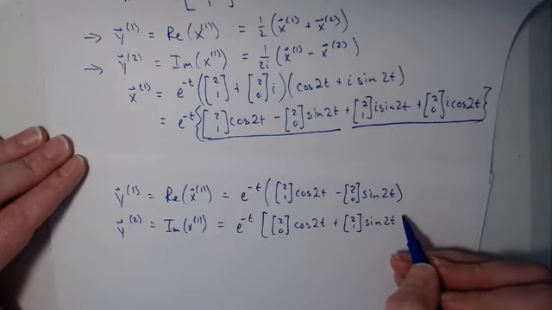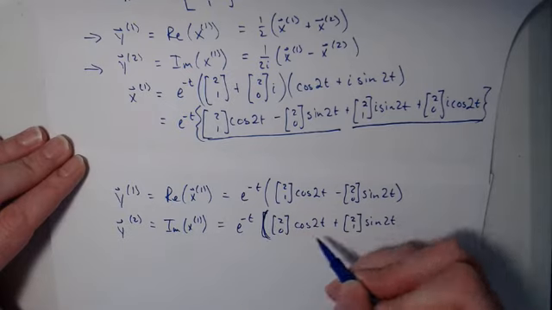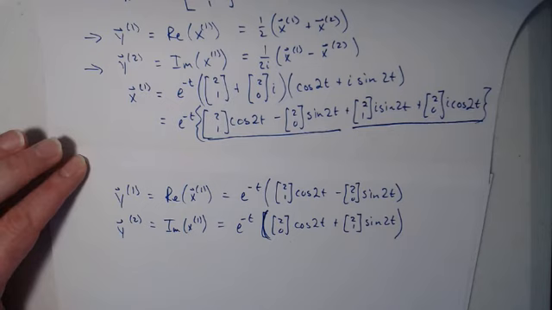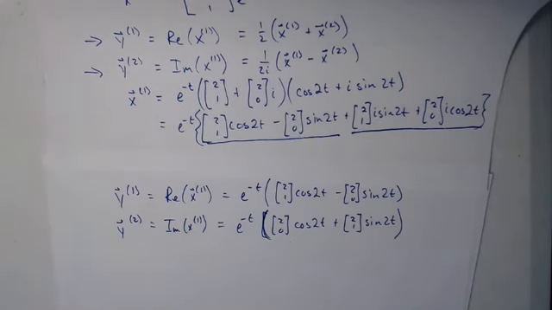Remember, the imaginary part doesn't have the i on it. We're talking about the coefficient of i. So that's where the i has gone.